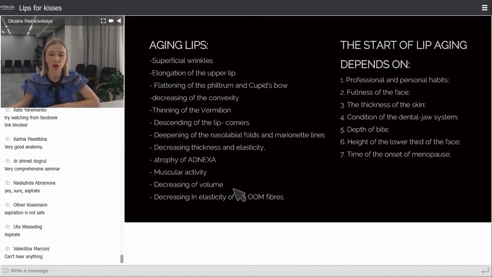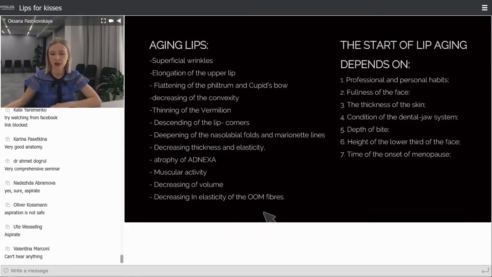In aging women, we should restore the volume which was there in young age, but not overfill the lips, because it would not be aesthetically pleasing in a really adult face.